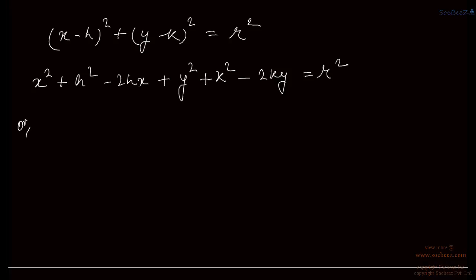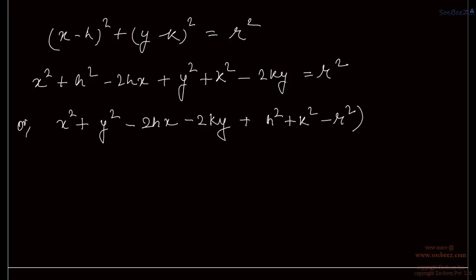Or we can write it as x square plus y square minus 2hx minus 2ky, plus h square plus k square minus R square equal to 0.